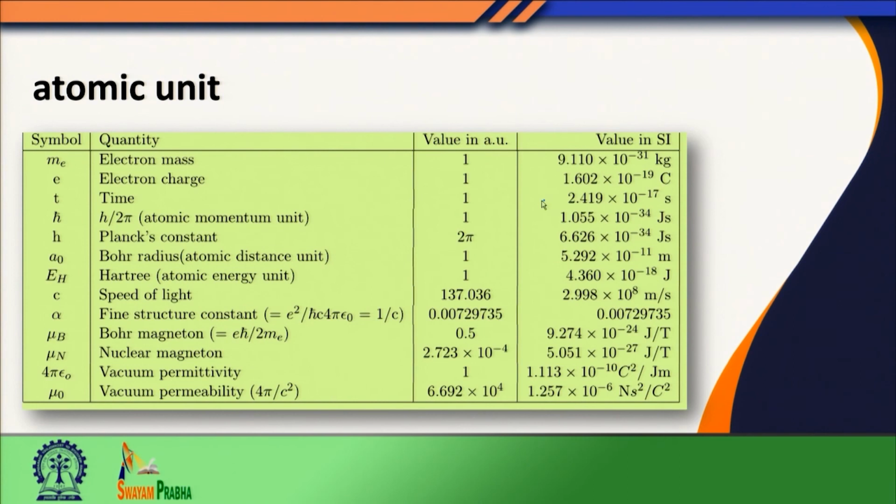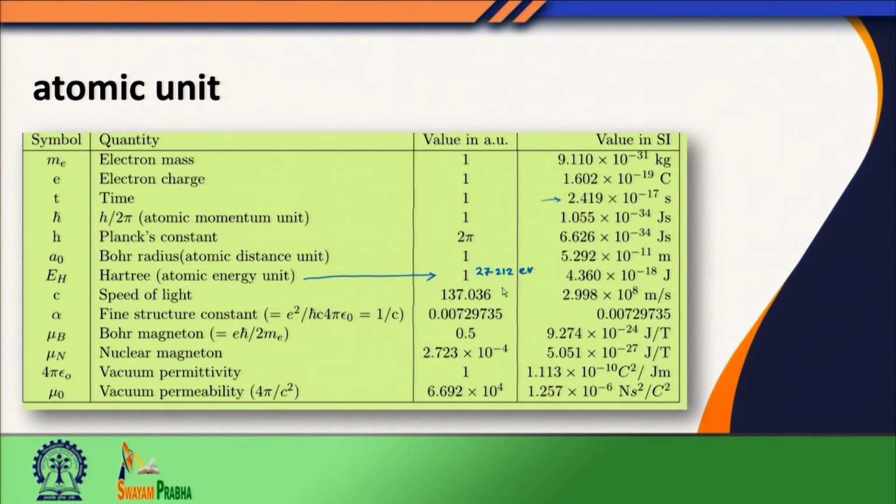So, this is the atomic unit of time, which is the time that a 1s electron takes for 1 revolution. The energy in atomic units is given as Hartree, which is actually 27.212 electron volt, and in this sense the energy of the hydrogen atom in atomic units will be minus 0.5.